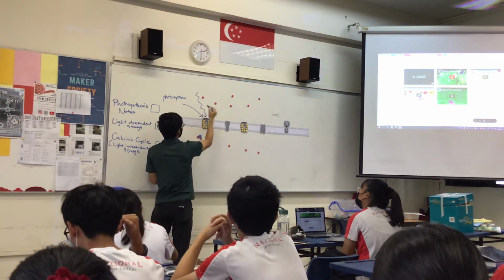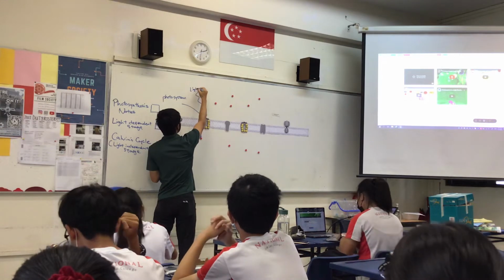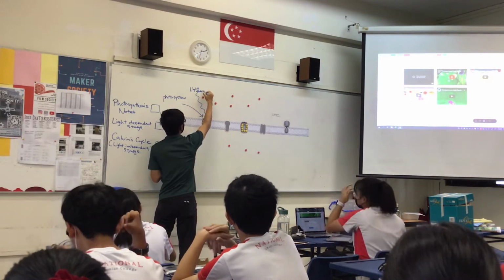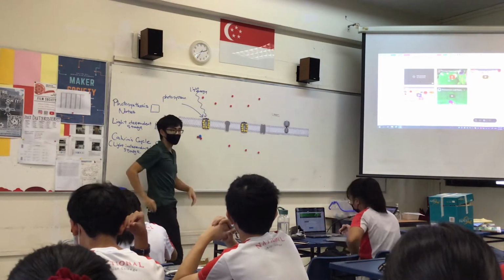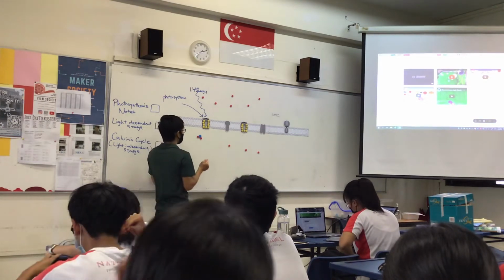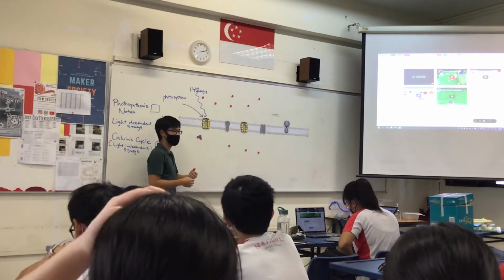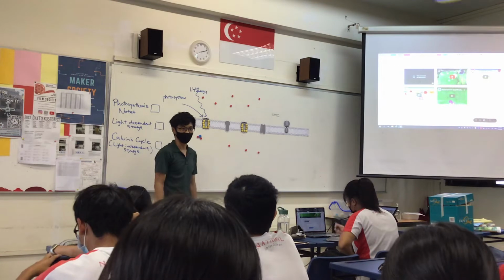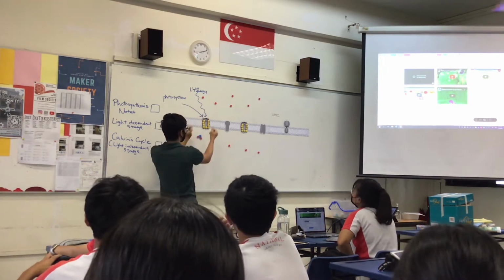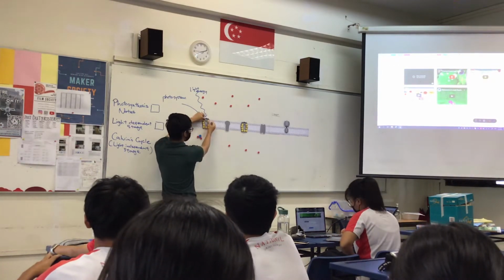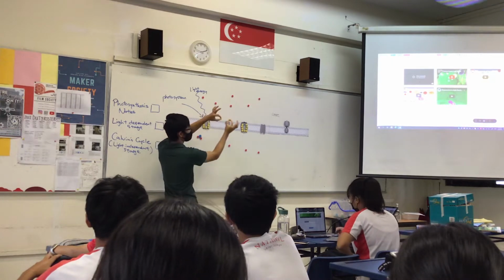When it gets struck with light energy, the electrons can get excited. Okay, so I'm going to represent excitation by it popping out of the whiteboard. Okay, ready? So light strikes the photosystem, the electrons of the chlorophyll pigment get excited.